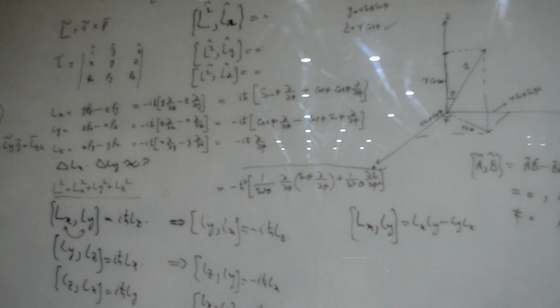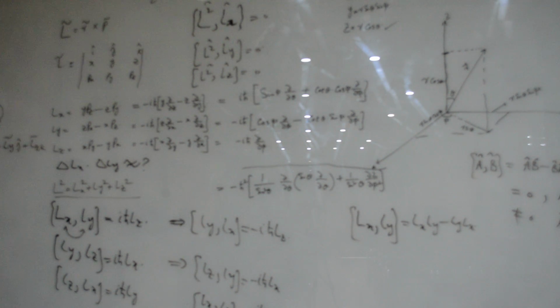They do not commute with each other, so they cannot be measured with the same level of accuracy. However, L square commutes with every one of its components, and hence it does not have any uncertainty product, whereas its 3 components among themselves have uncertainty product. Okay, so that is one thing.